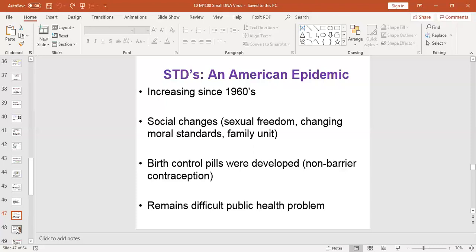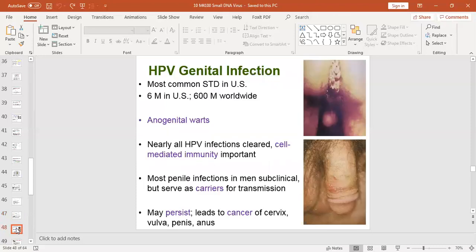Let's move to slide 48. HPV genital infection. It's the most common sexually transmitted disease in the United States. It affects 6 million in the United States and 600 million worldwide. Signs and symptoms of the disease. Clinical signs are anogenital warts, warts that we see in the anal area as well as the genital areas.